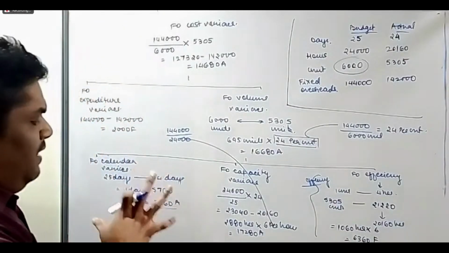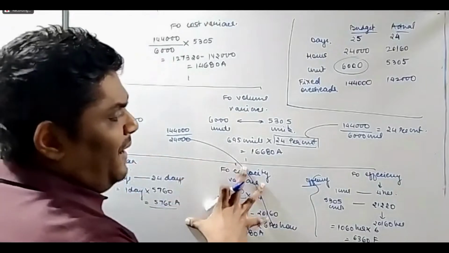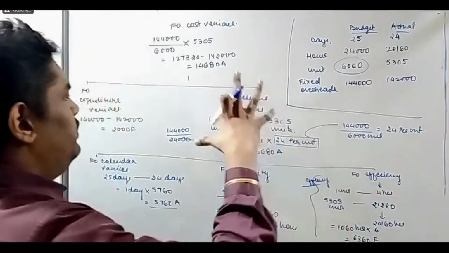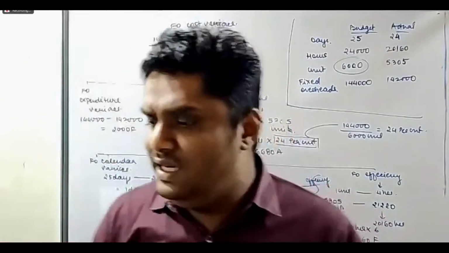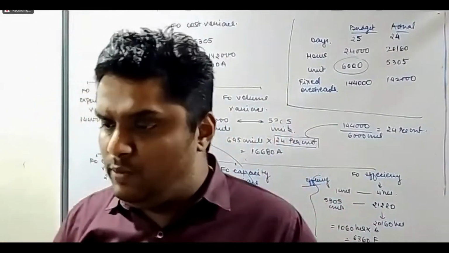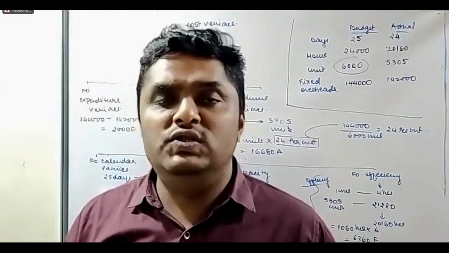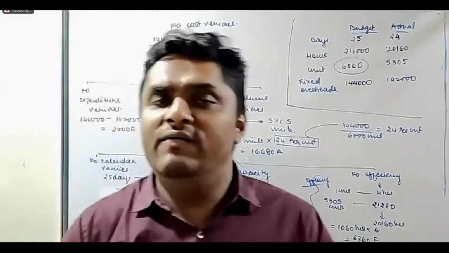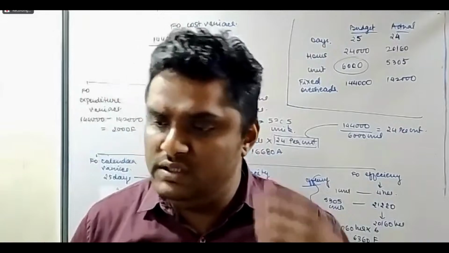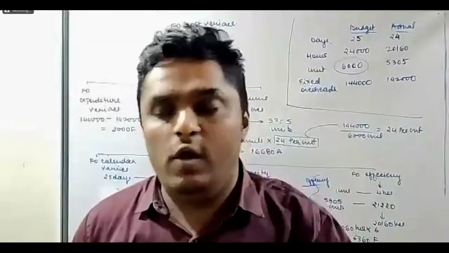So again, calendar plus capacity plus efficiency will be volume. Volume plus expenditure will be cost. If you have any doubts or queries, please post them. Again, I request you to copy the solution. I'm just using the standard format, and I'll discuss all the questions the way I discussed this one. So please copy the explanation.